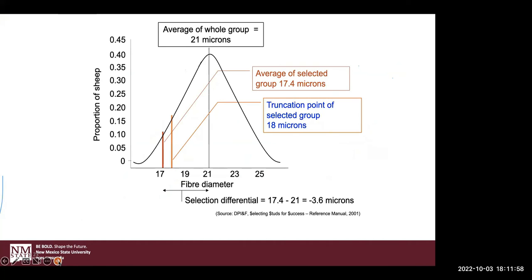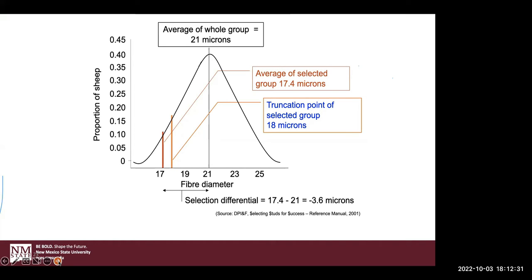As it reflects on wool quality, for example, say your average micron measurement, that's the diameter of that fiber, is 21 microns, which is really pretty fine. That's not a terrible wool quality. It's actually pretty decent, but you're wanting to go finer still because you have a premium market for that, and that's your goal. So you find rams that are exceptional in this area, that are 17 microns is what his potential is.